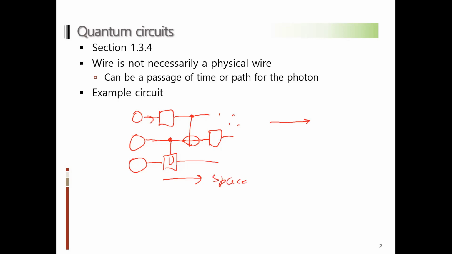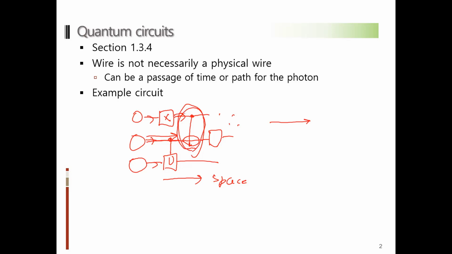The photon is actually flying like this, and the first photon might pass through some optical component, which works as an X gate or whatever gate, and then the next photon flying here might do some kind of limited interaction.